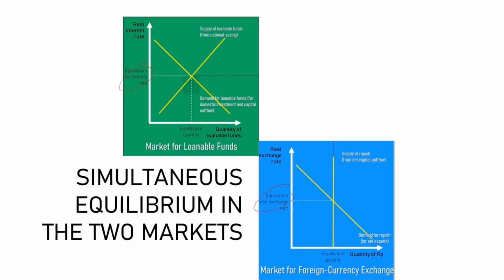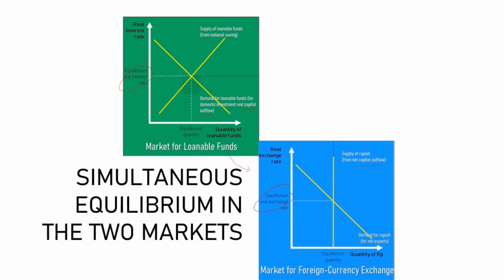The link is net capital outflow, or NCO. It is part of the demand for loanable funds in the first market that is affected by the real interest rate. NCO is also a supply of the domestic currency in the second market that determines the real exchange rate. So, with the NCO link, we can have simultaneous equilibrium in the two markets.